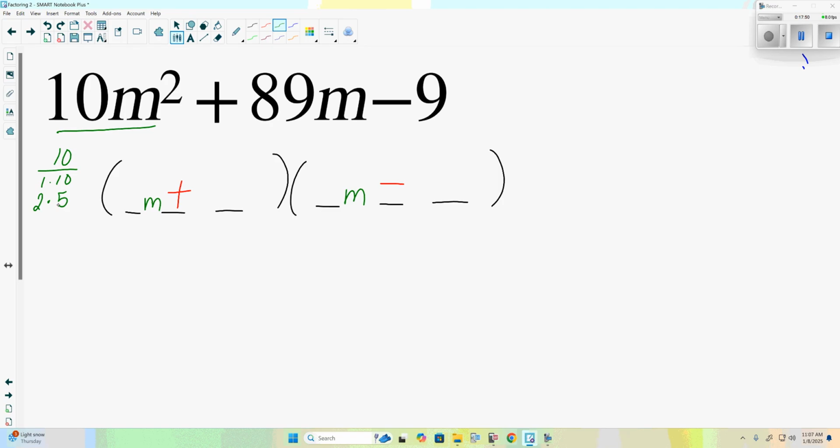Which one do we want to try first? 2 and 5. Now our 9 also has two sets of factors. We have 1 and 9 or 3 and 3.